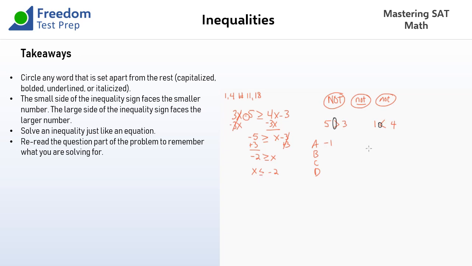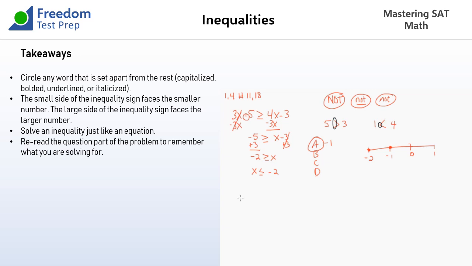And the answer, of course, is, well, no, it's not. If we look at a number line, and this is 0, and let's say we have 1 here and negative 1 here, negative 2 is further down to the left. So negative 1 is actually greater than negative 2. So A turns out to be our answer.